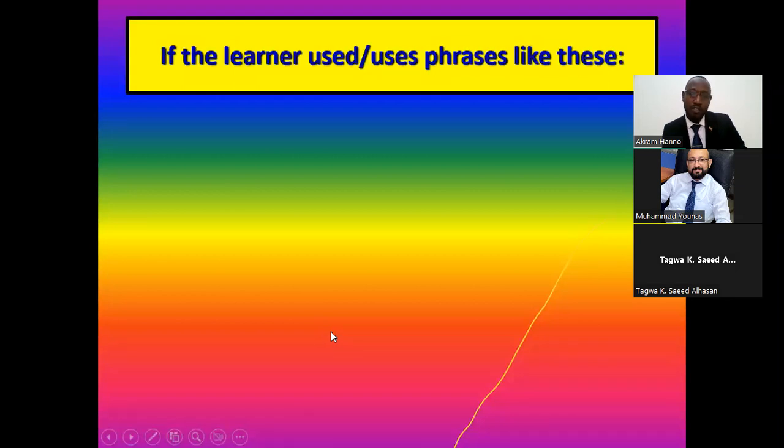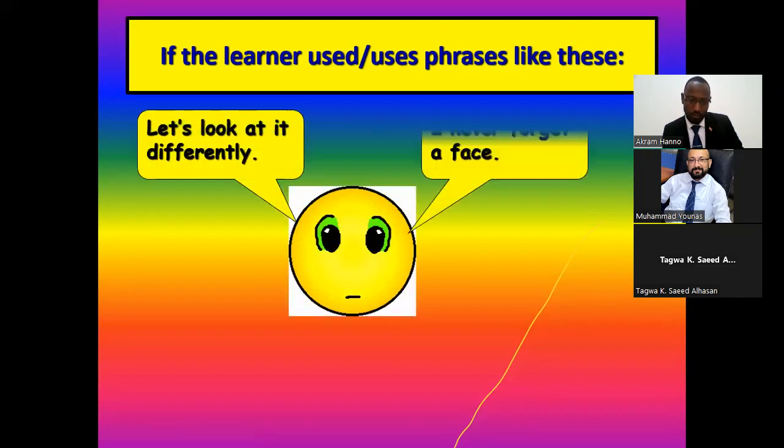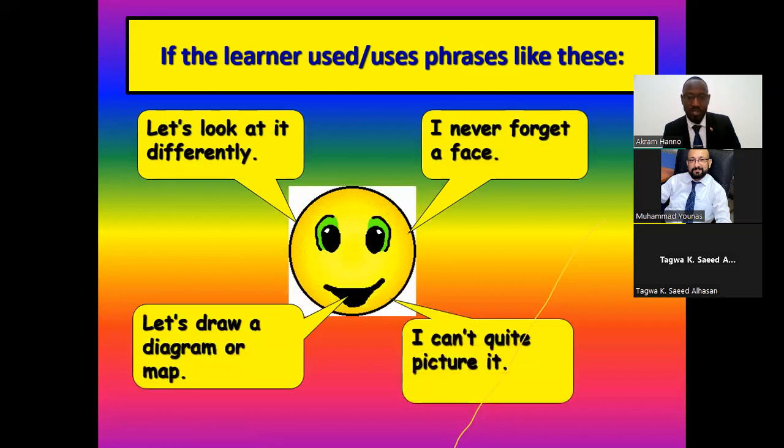If the learner uses phrases like these, we can talk about this in more detail. So here are examples of this learner. Let's look: "I never forget a face."